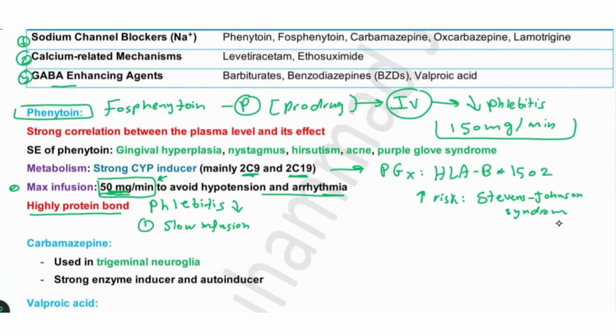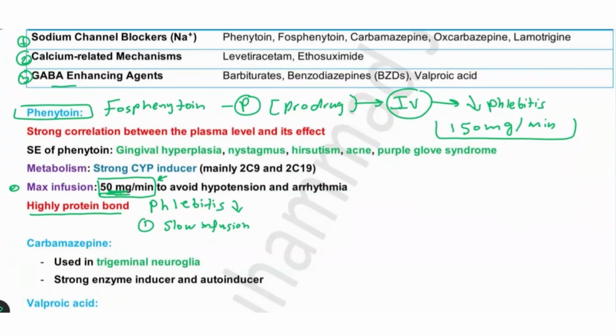Now, another important thing that you have to bear in mind about phenytoin, as you can see, phenytoin is one of the exam's favorites. That's why we are studying it in detail. So you have to know the toxicities of phenytoin as per the blood levels. Phenytoin is one of the drugs that exhibit toxicities according to the blood levels.